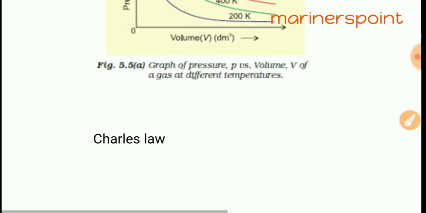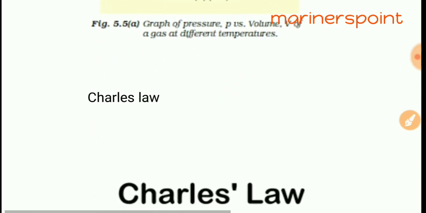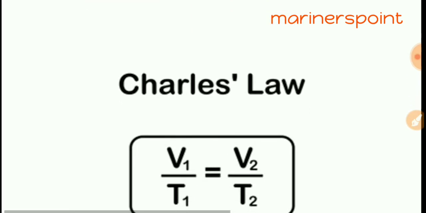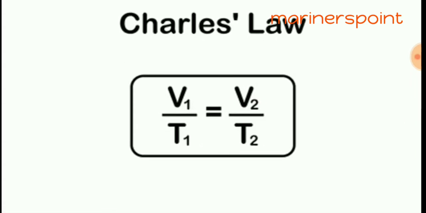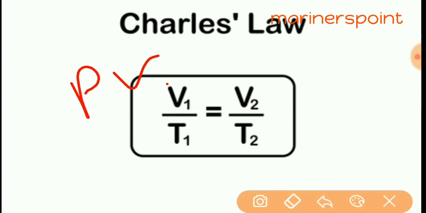Now, what is Charles' law? What does Charles' law state? I will also give a trick to remember this law. But first see here, as we know the ideal gas equation is PV equal to nRT.